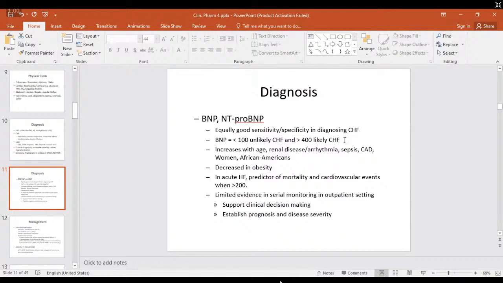So you're thinking maybe this patient has pneumonia or maybe this patient has heart failure. And this, along with the history, with the physical, with other blood tests like inflammatory markers, can help you determine whether the patient's symptoms are due to mostly heart failure or to pneumonia or some other pulmonary cause.